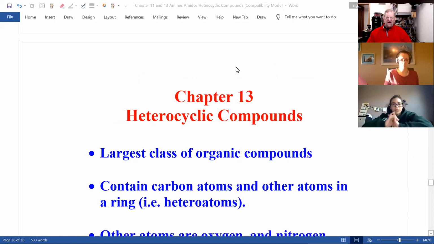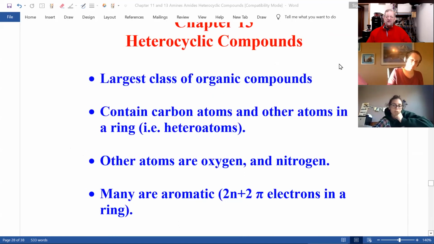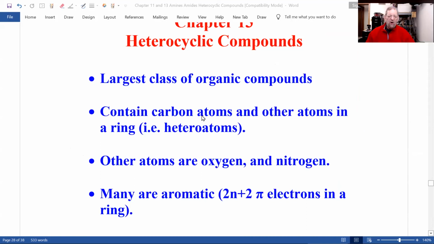All right. Let's talk about heterocyclic compounds. Now, I won't ask you, but it is the largest class of all organic compounds in nature. This is what you should know. What is a heterocyclic compound?